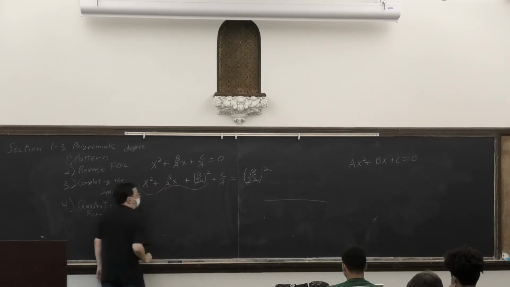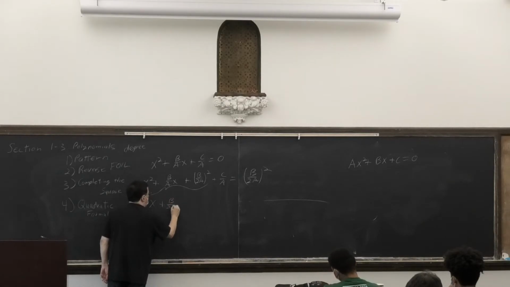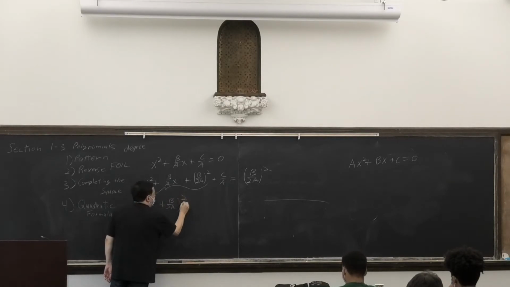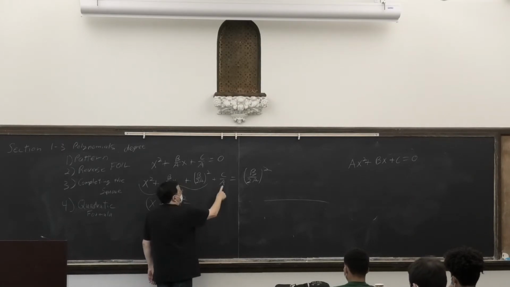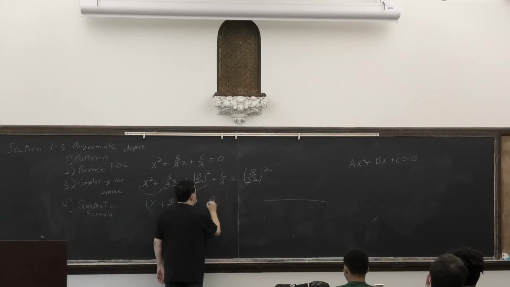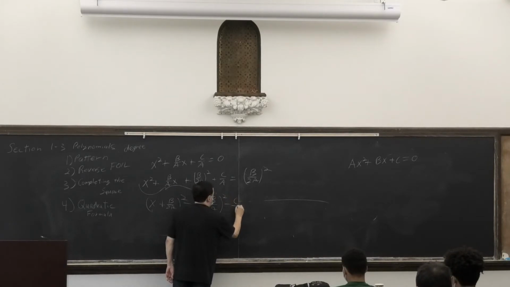Now we have a perfect square. This is x plus b over 2a squared. And I'm going to move this to the other side: b over 2a squared minus c over a.